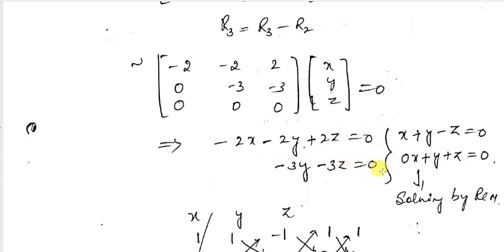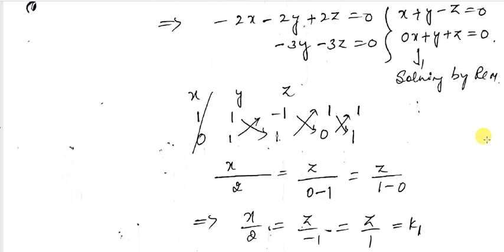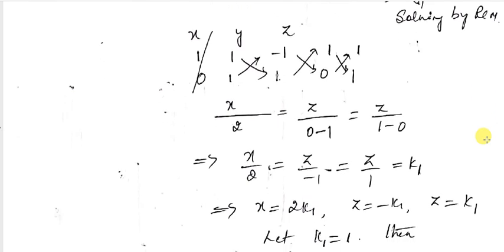Now solving these two equations by the rule of cross multiplication. Before RCM I have simplified the equations into x plus y minus z is equal to 0, 0x plus y plus z is equal to 0. Now solving for x y z by RCM gives x by 2 is equal to y by minus 1 is equal to z by 1 is equal to k1.